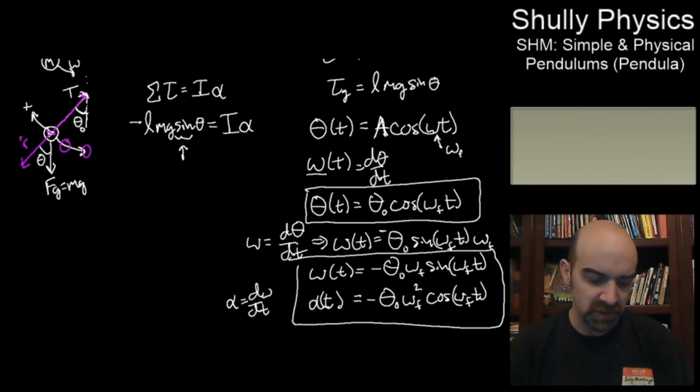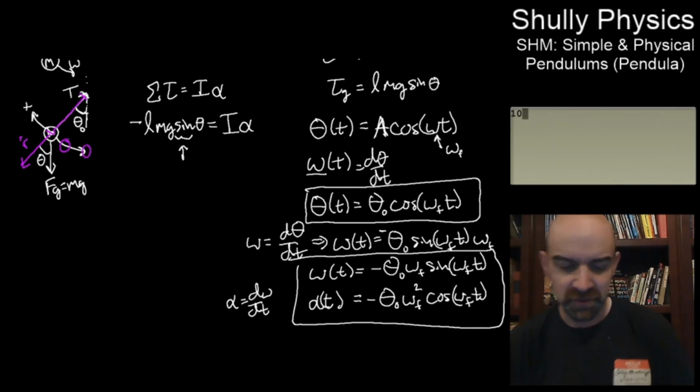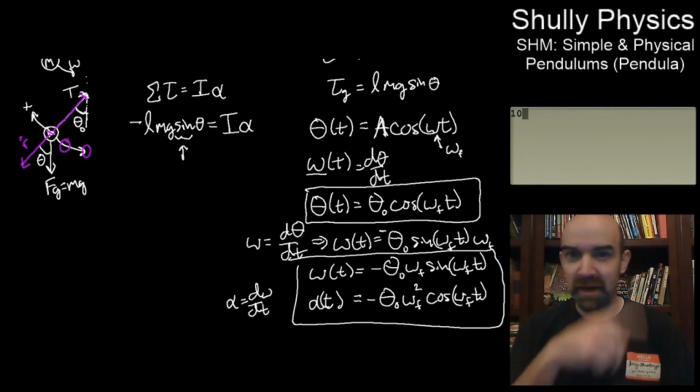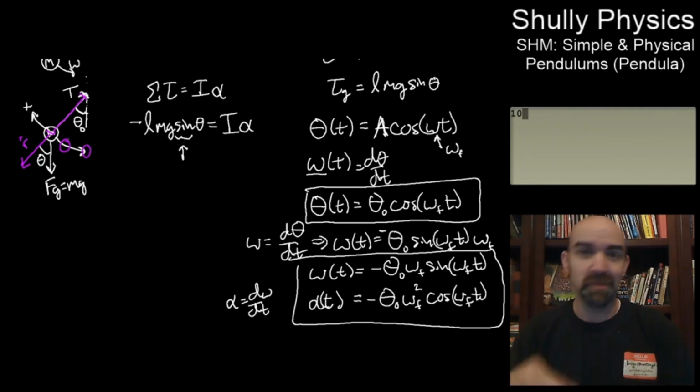Now, if you look at 10 degrees, we want to figure out what radian amount that corresponds to. Well, there are 360 degrees in 2 pi radians. So if you go around the circle one time, that's 360 degrees, and that's equal to 2 pi radians.